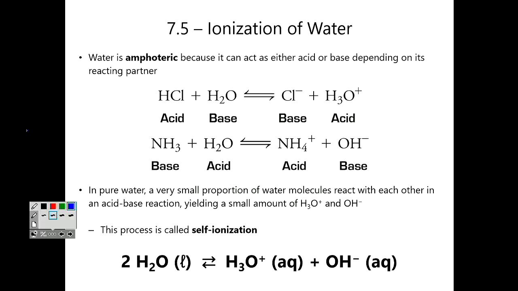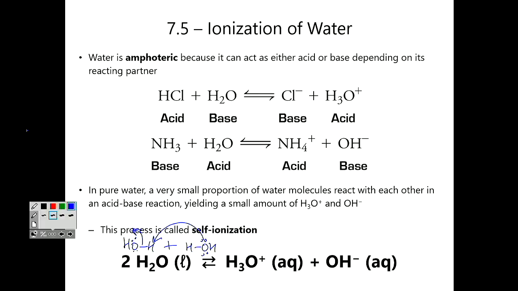So you can consider then what we call the self-ionization of water, or auto-ionization, depending on what book you read. So two water molecules are bouncing off of each other, and if you actually write it like this, if you consider this picking up that proton, right, and releasing hydroxide, what happens is the water that picked up the proton becomes hydronium.